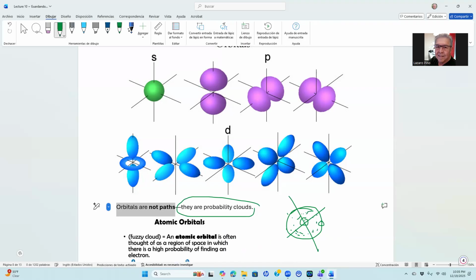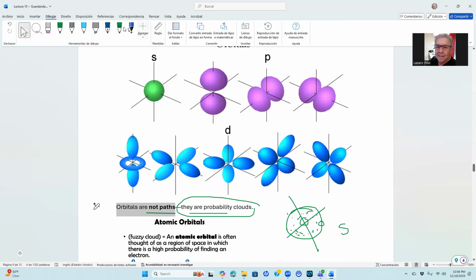So this is for the s orbital, and these ones are for p, and these ones are for d. Remember that. Orbitals are not paths. They are probability clouds, regions of the space where it is probable to find the electron.